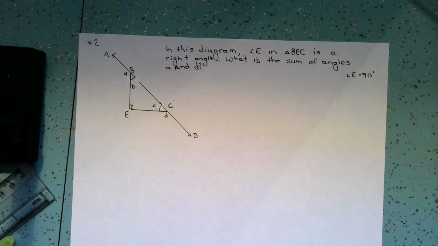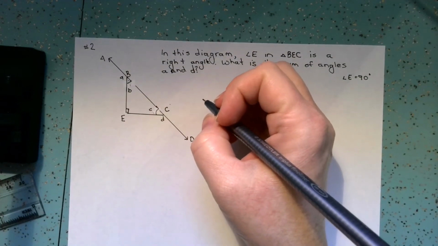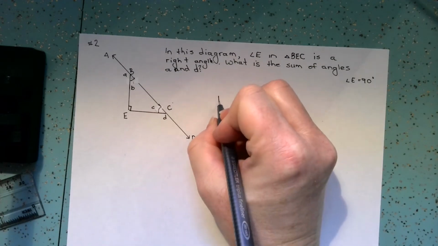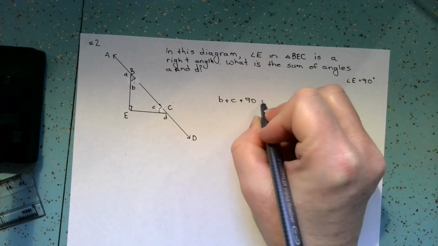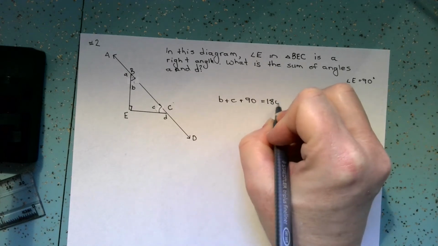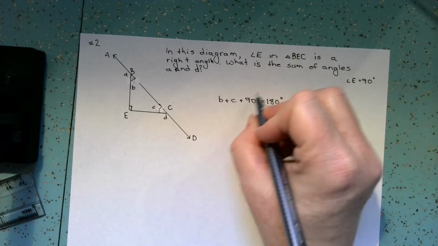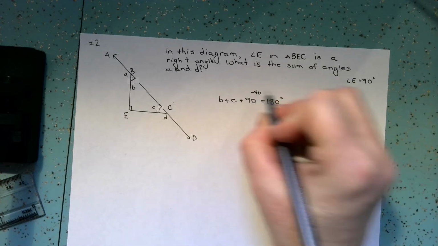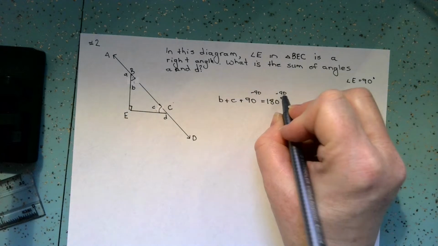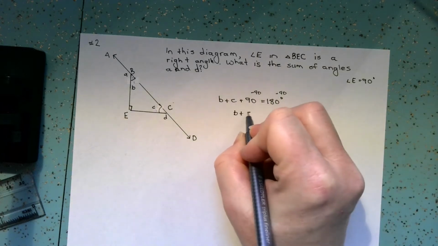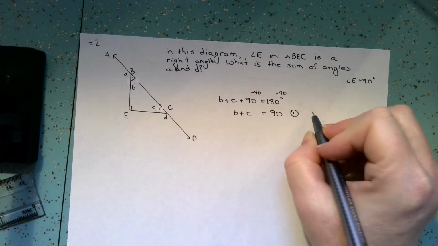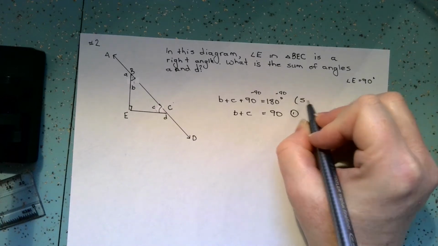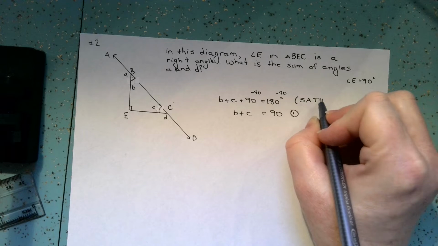So I have B plus C plus 90 is equal to 180 degrees. I'm just going to put the numbers on one side because I can. So I have B plus C is equal to 90. And this we know because it's the sum of the angles of a triangle theorem.